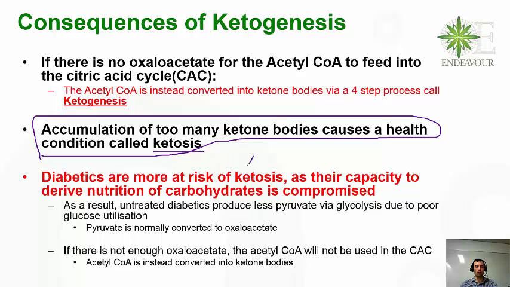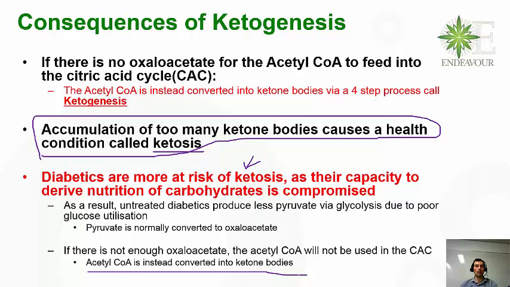I showed you on the previous slides that diabetics are more at risk of producing lots of ketone bodies, meaning they're more at risk of ketosis, as they have impaired carbohydrate nutrition, which means they don't have pyruvate to convert into oxaloacetate to allow the acetyl-CoA from beta oxidation to be used in the citric acid cycle. So when we don't have enough oxaloacetate being produced, the acetyl-CoA is used to make ketone bodies.